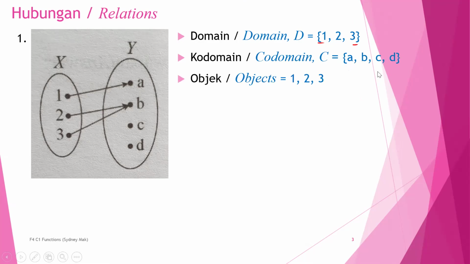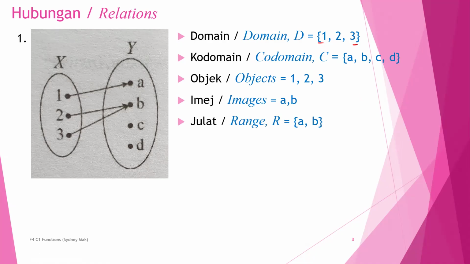Next, the objects refer to the elements in the first group, 1, 2, 3. And then the images refer to the corresponding elements to your object, only A and B. So even though in the codomain we write A, B, C, D, in this case our images are only A, B. Then A, B, if we put in a group, we call it the set of range.